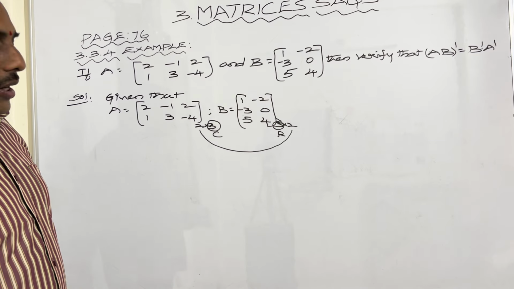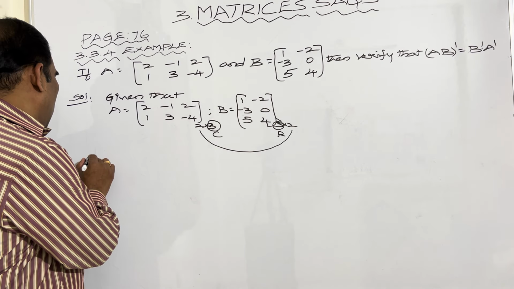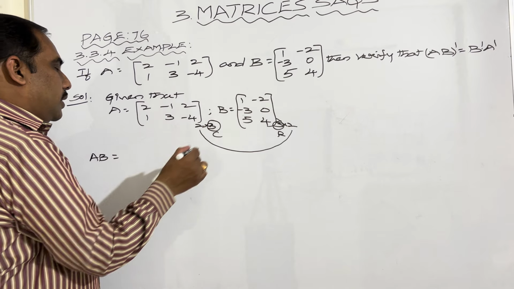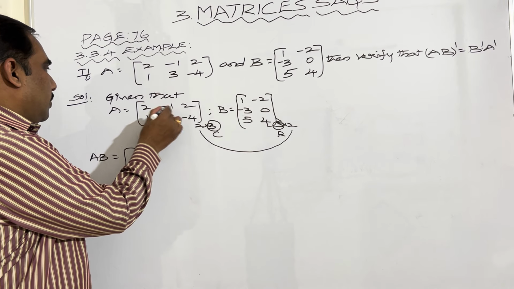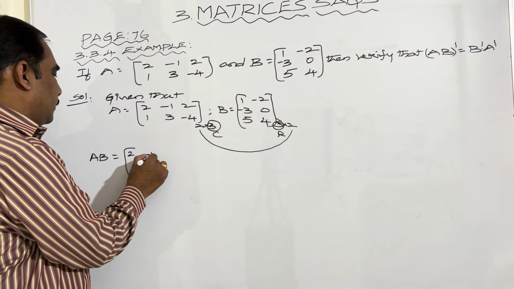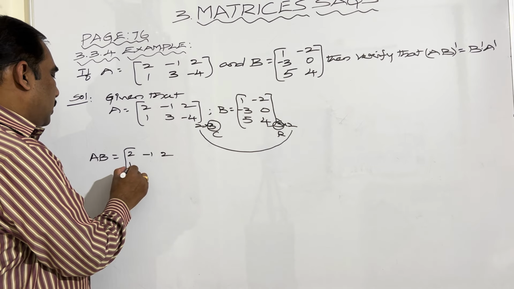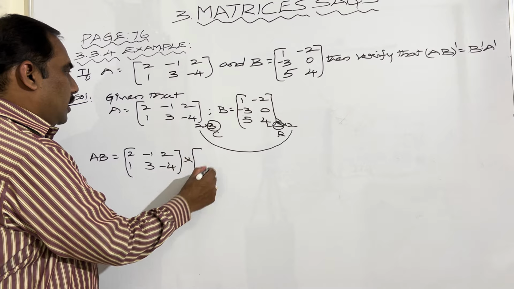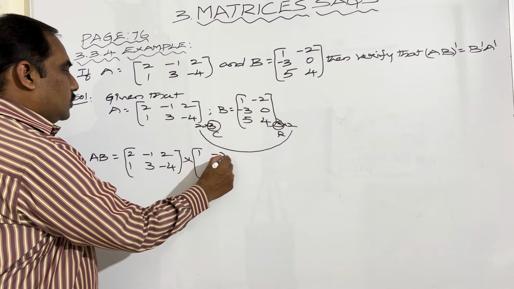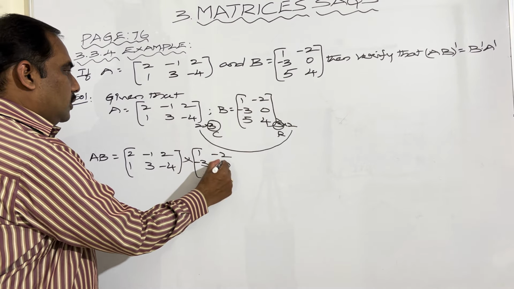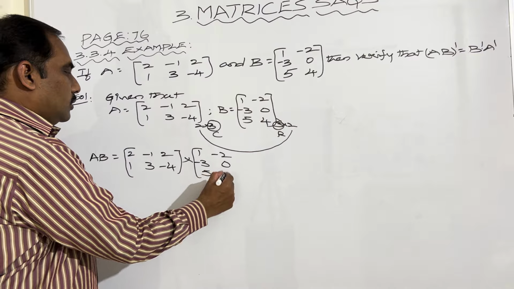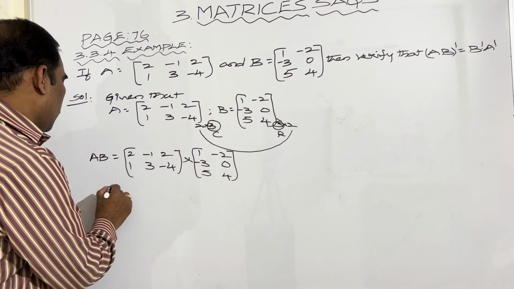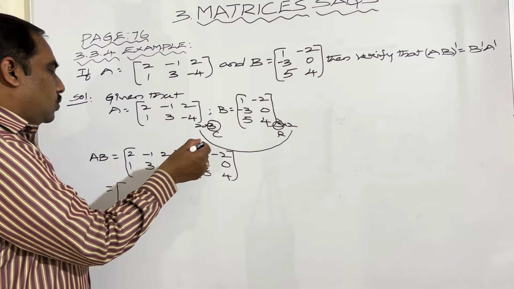AB we get is a 2 by 2 matrix, so 2 rows and 2 columns.